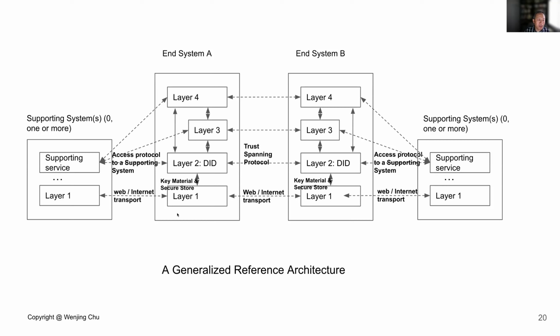And each end system, in order to get the trust basis support, needs some kind of support service. That support service is provided by various support systems for end system A, and end system B could have entirely unrelated support services.